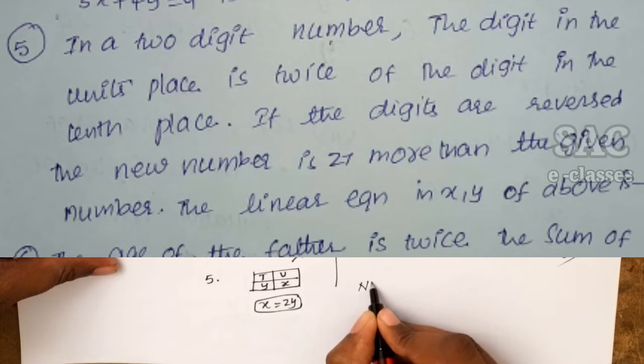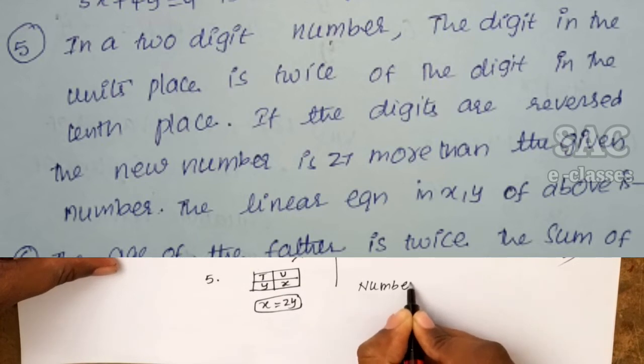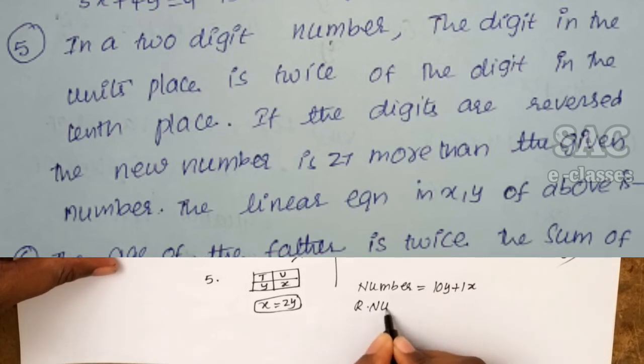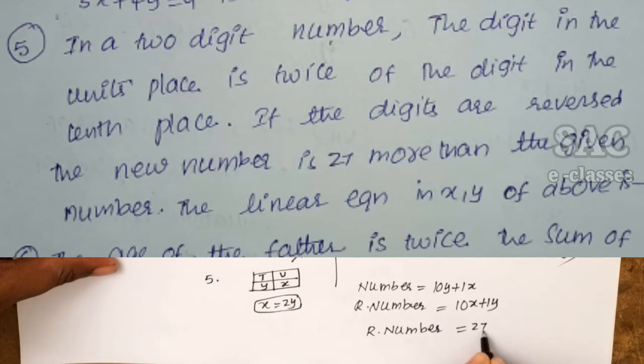If the digits are reversed, the new number is 27 more than the given number. First of all, you know that the expanded form of the given number is 10y plus 1x. Reverse number is 10x plus 1y. They are saying that this new number is 27 more than the original number.